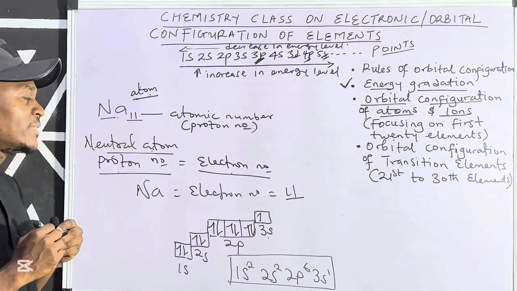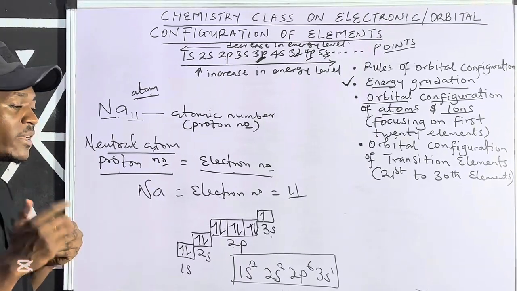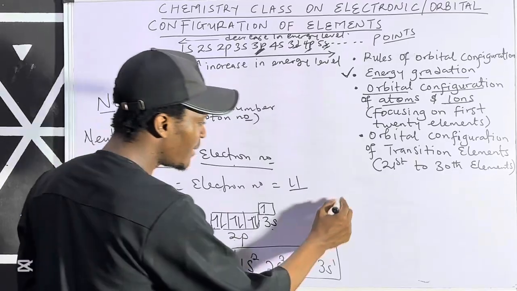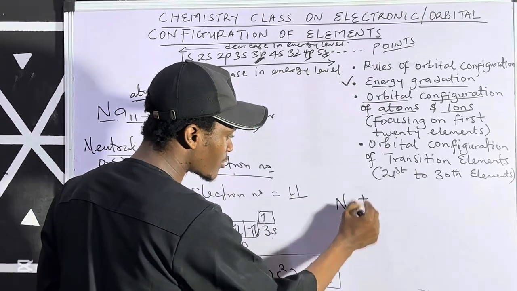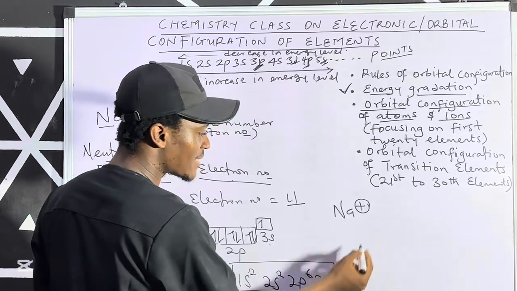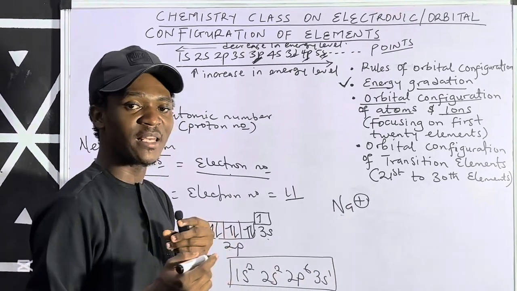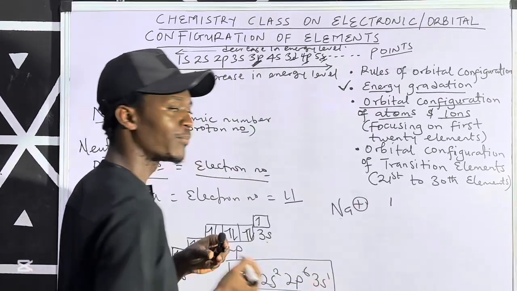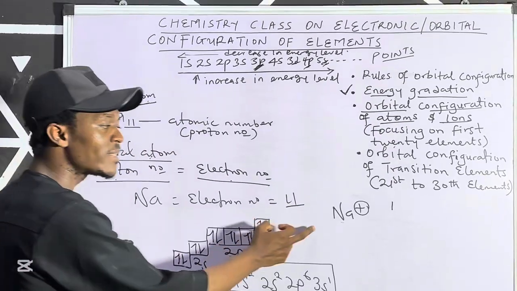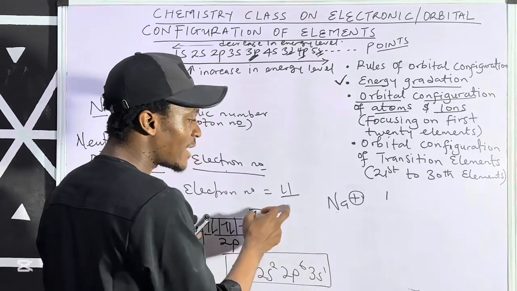Don't forget that. Then what if you are told to give the orbital representation of sodium ion, meaning Na plus, sodium ion? Remember that plus here implies that sodium has lost how many electrons? It has lost 1. Previously sodium atom had 11 electrons, so instead of having 11, it has now lost 1.